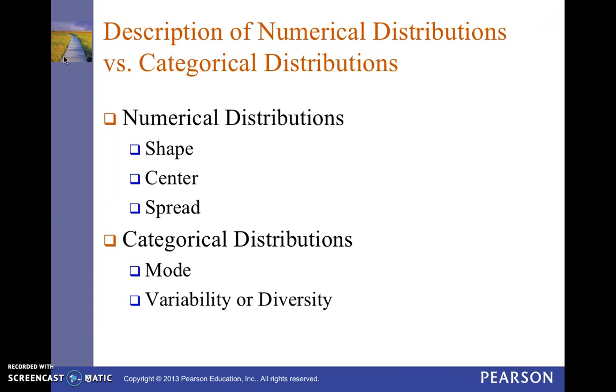So how many different categories do we have? Depending upon whether we're interested in a numerical distribution or categorical distribution, the ways in which we would attempt to describe those distributions would be different. When we talked about shape, center, and spread last week, we were primarily talking about numerical distributions. But now we see how we can look at these things.